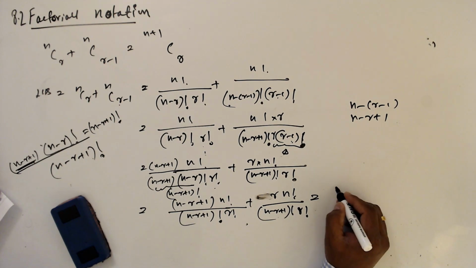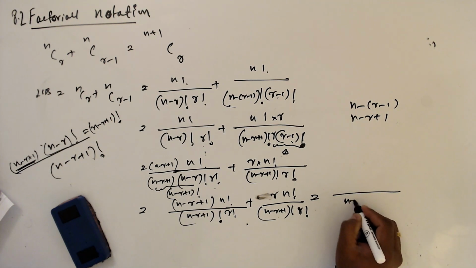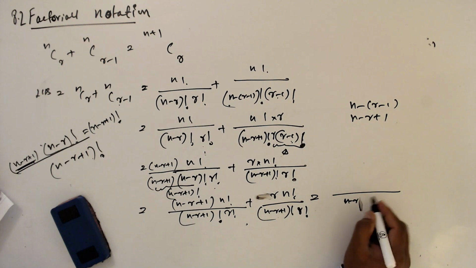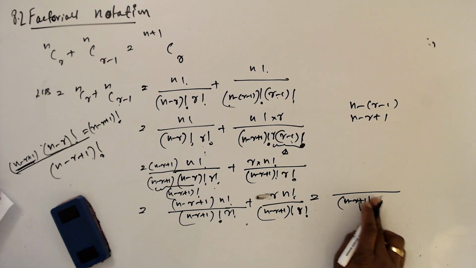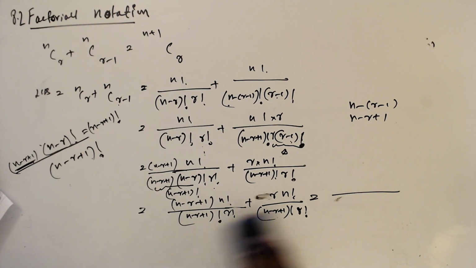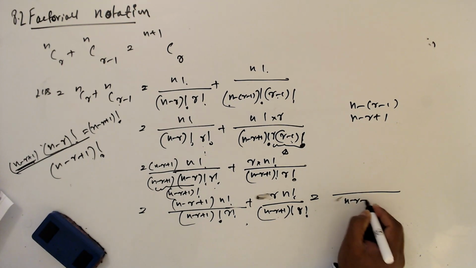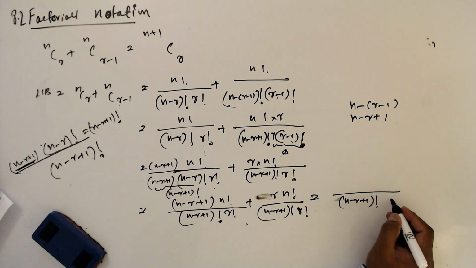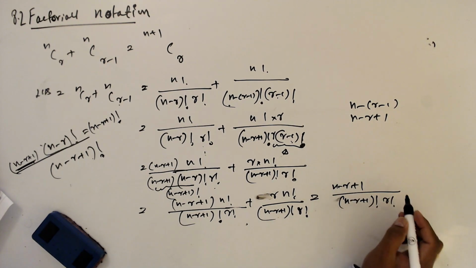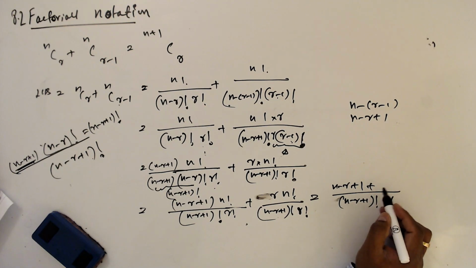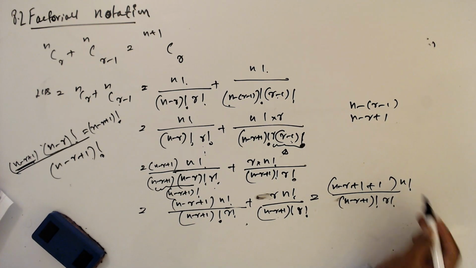So one denominator: (n minus r plus 1) factorial and r factorial. On top, this is (n minus r plus 1) times 1 times factorial n.